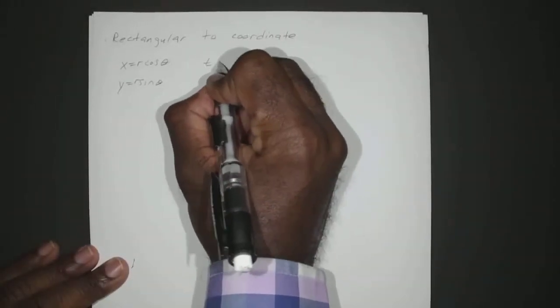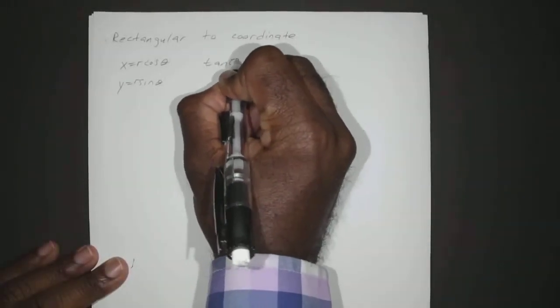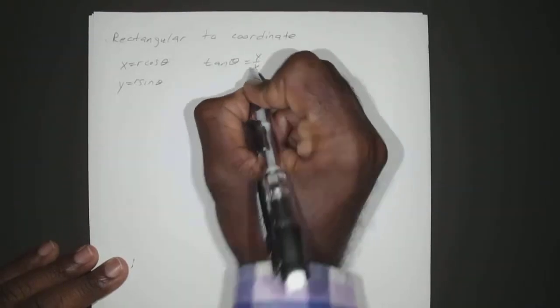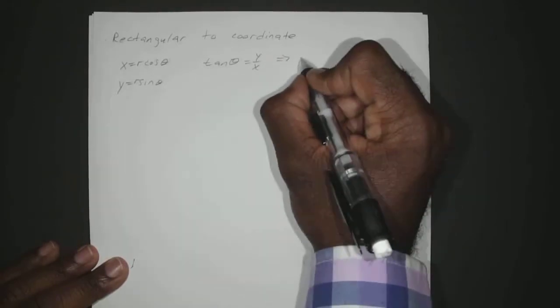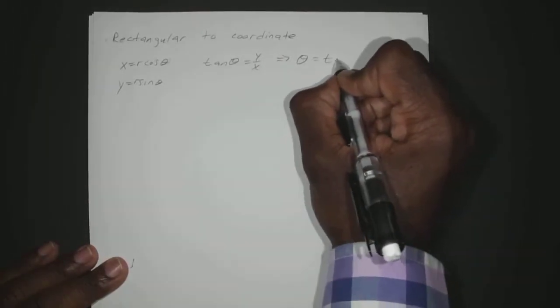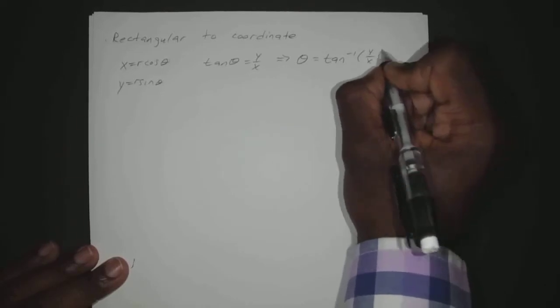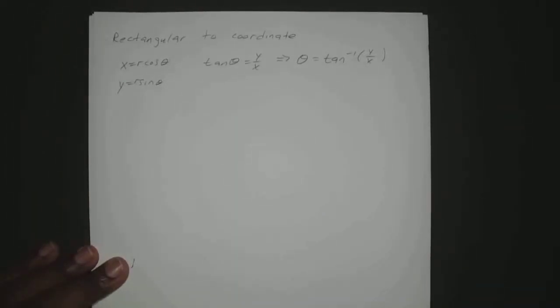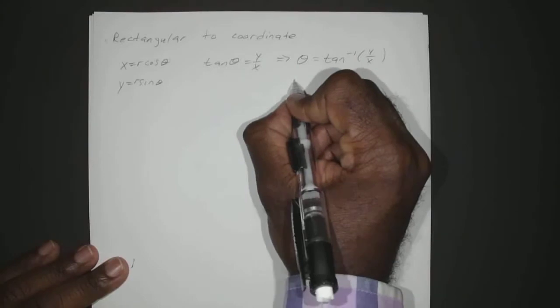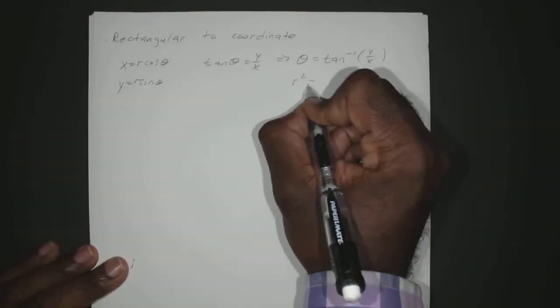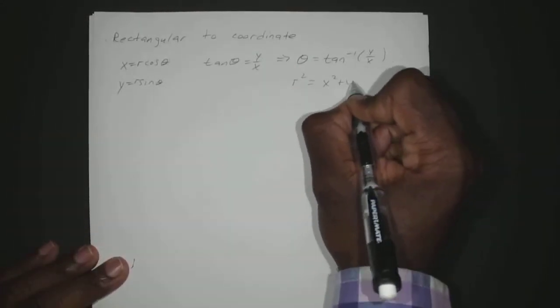So we know that tangent of theta equals y over x. Apply tangent inverse to both sides, and we know that theta equals the tangent inverse of y over x. We also know that our radius squared equals x squared plus y squared.